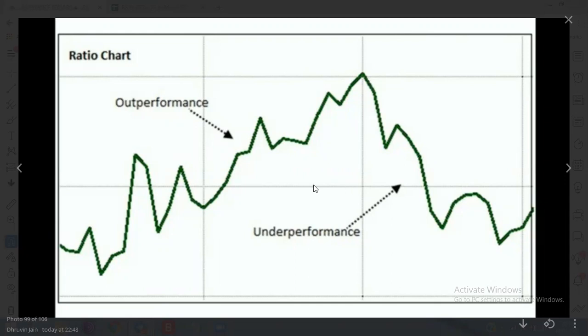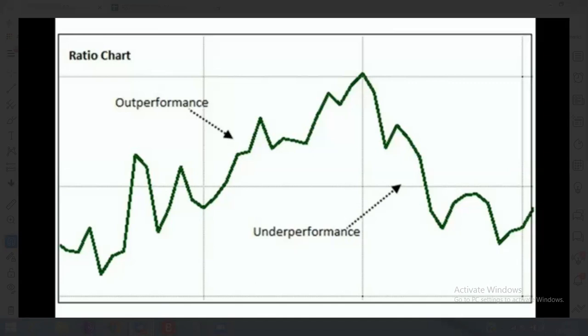And when the denominator is being underperformed, or as you can say, the stock or the chart you are analyzing is outperforming, is moving up more than the Nifty, more than the denominator.